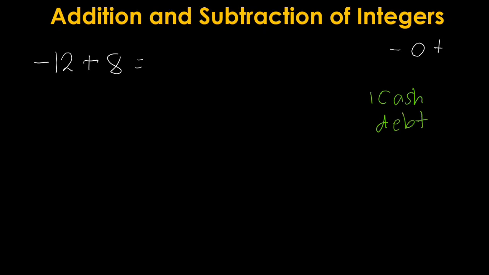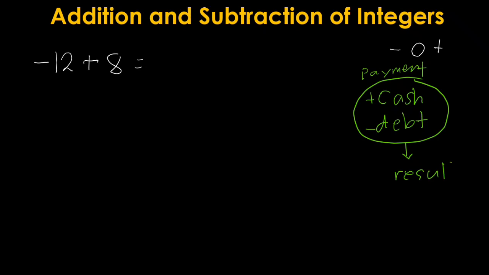The cash is of course positive and debt is of course negative. It's a liability. And what operation you do here is you make a payment. And the result of the payment will be the balance, which we can put as the result.